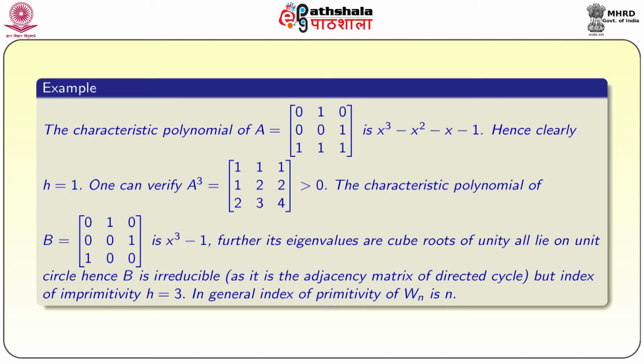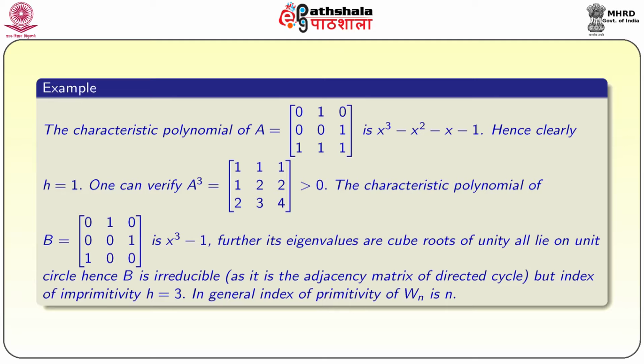The characteristic polynomial of the following matrix B is x^3 minus 1. Further, its eigenvalues are the cube roots of unity, all lying on the unit circle. Hence, B is irreducible as B is the adjacency matrix of a directed cycle, but its index of imprimitivity is 3, which is greater than 1.